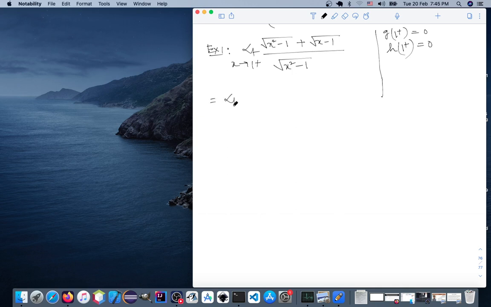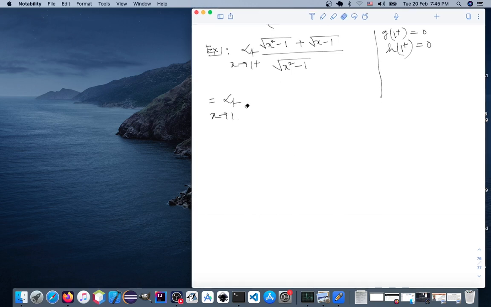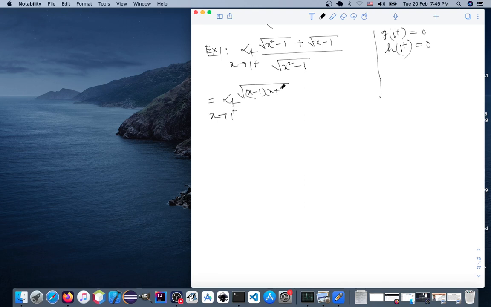So we have 1 plus root over x square minus 1. We can factorize these as x minus 1, x plus 1, and x minus 1. Similarly, the denominator we can write like this.